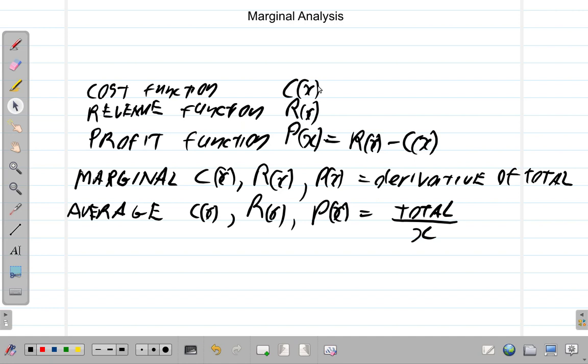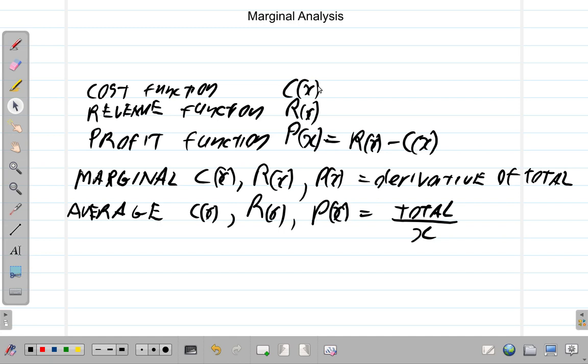C means cost. X is the number of items that you produced or you purchase in order to make something else or to resell. The thing is, when you invest in these items, it costs you money.